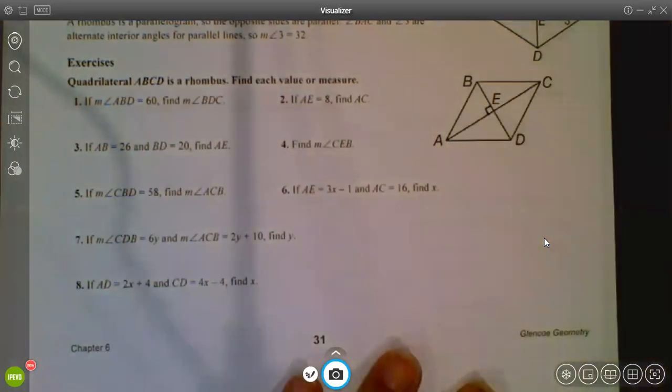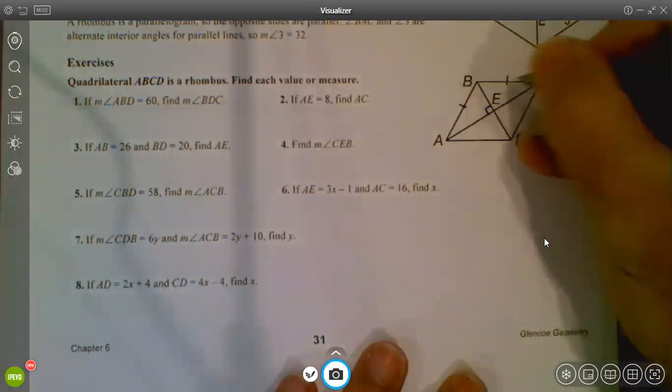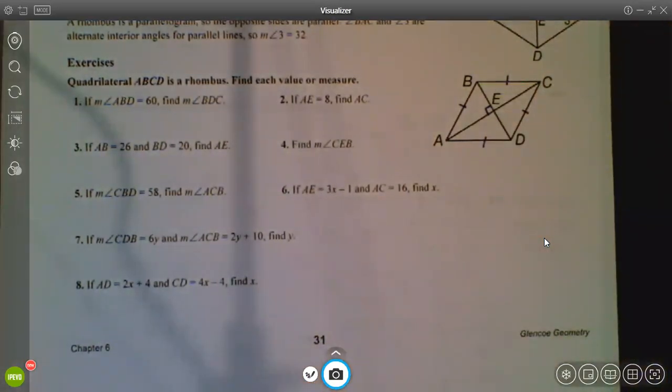I would mark that there's a right angle here. I would also note that all four sides are congruent. There's a lot of other things we could mark, but you don't have to mark them all every time you see it. I tend to mark some of those main properties that are true about a rhombus. So let's just go through and look at a few of these examples together.